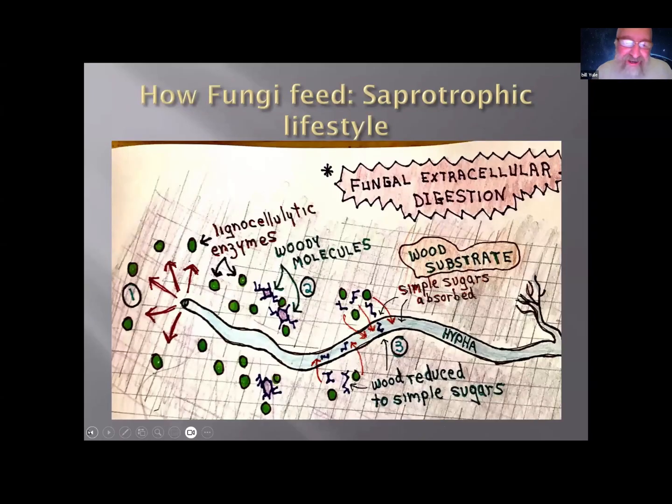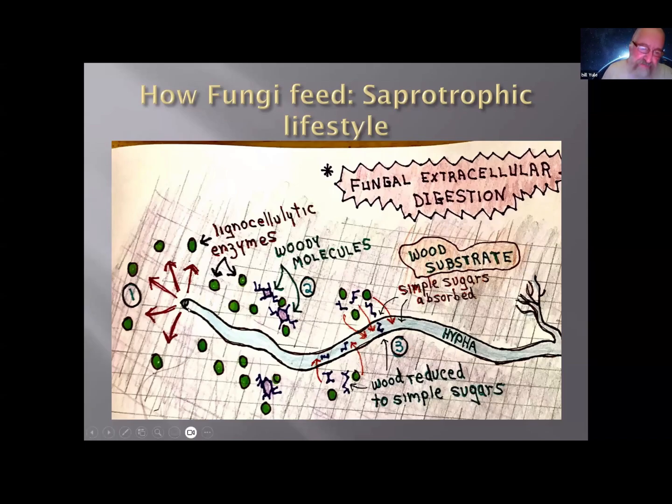This is my drawing, and I stole this drawing from Jens Peterson, or borrowed this drawing rather. And what I want to do is just go through a little bit of your standard decomposition routine. So my cursor is on a single hyphae, and at the end of this hyphae right here is where all the action takes place.